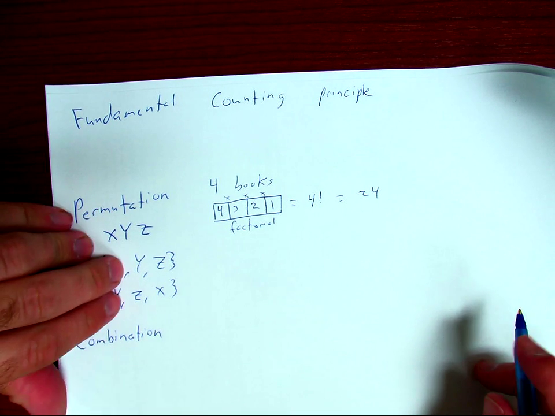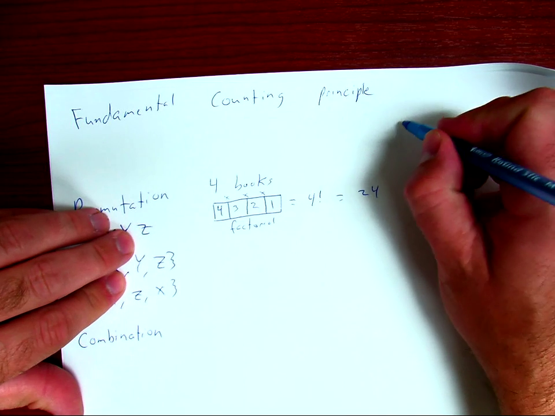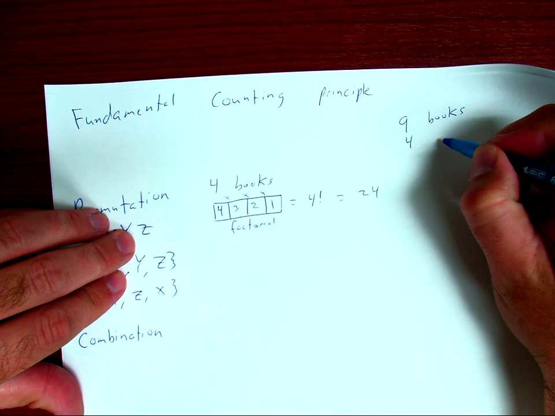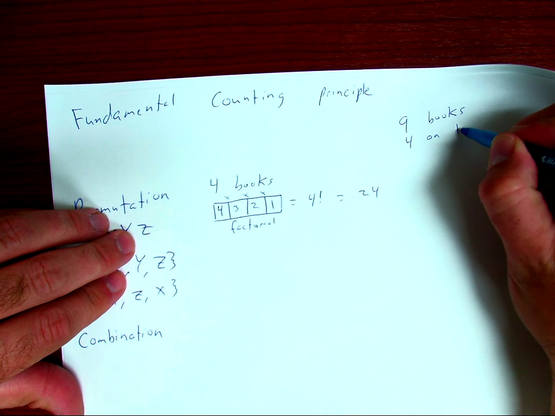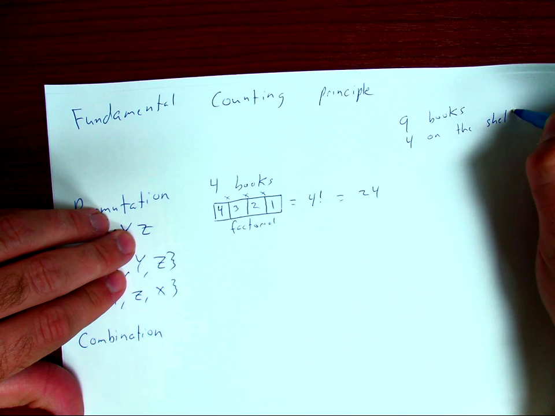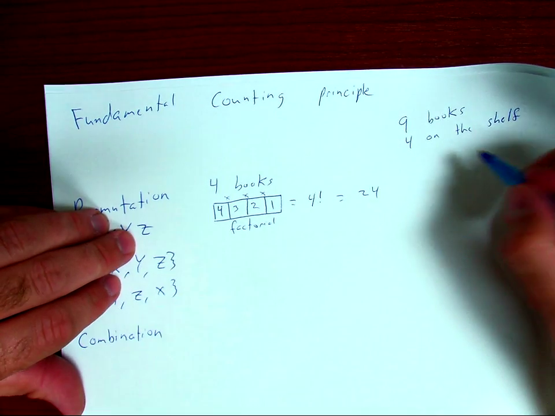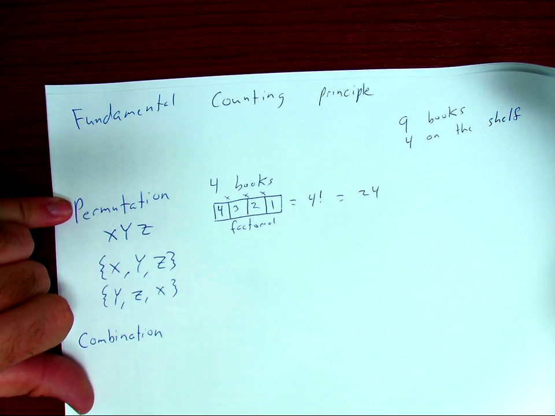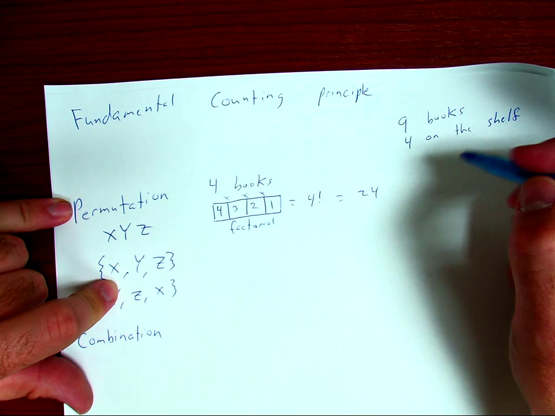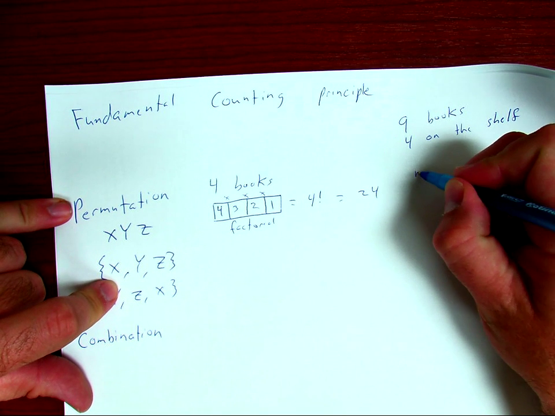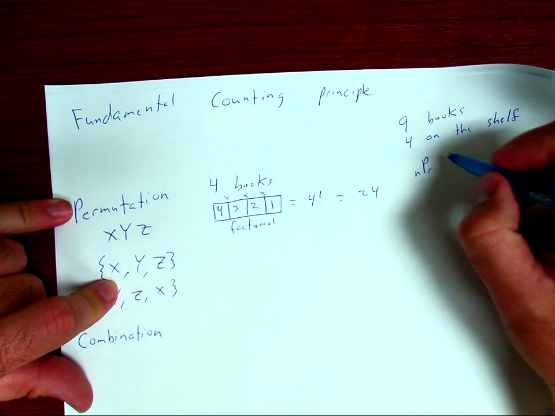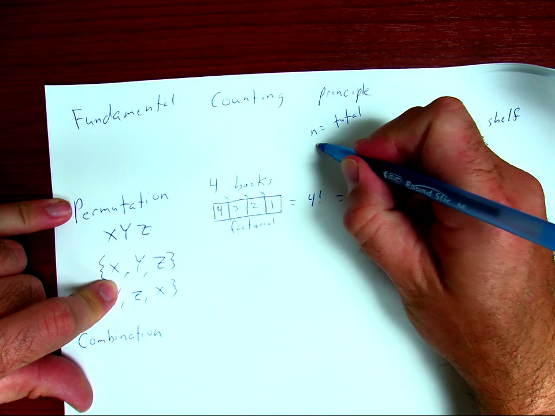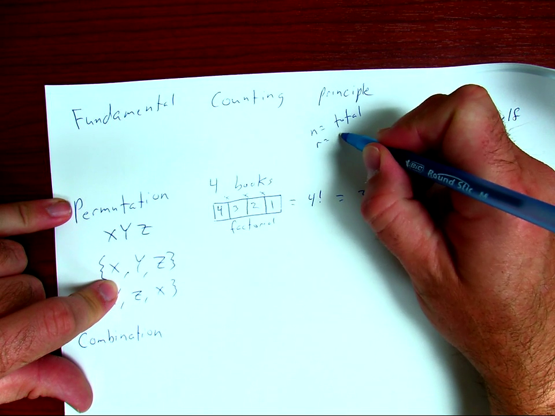Now, it gets a little bit more complicated if you have 9 books, and you're only choosing 4 books to put on the shelf. So I'm not putting all 9, I'm only putting 4. And here's where our standard form for permutations is going to come in. Standard form for permutation is nPr, where n is your total number of choices, and r is what you're taking.